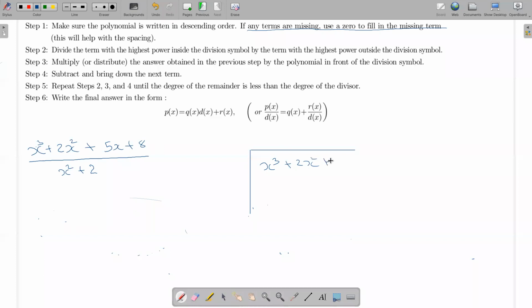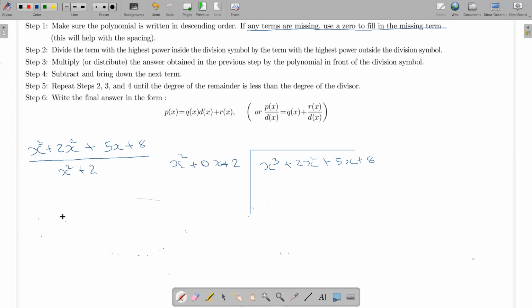There, here one is missing, so the missing number I write here.